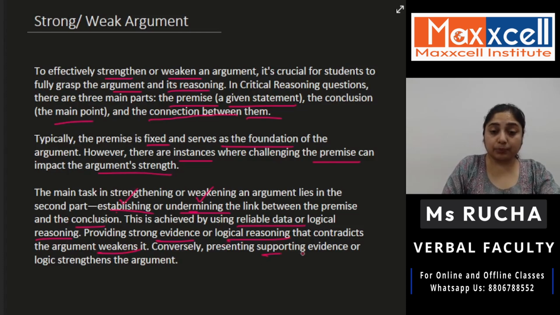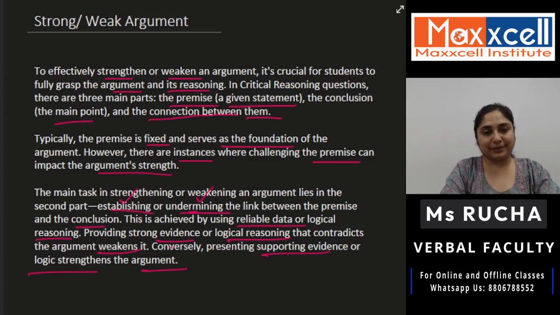Conversely, presenting supporting evidence or logic strengthens the argument. So if you have reasons potent enough, then your argument will become stronger. If you have data that is supporting it, then also your argument becomes strong. But if you don't have both these points, your argument will be considered weak. So this is how we either present an argument as a strong argument or it becomes a weak argument.